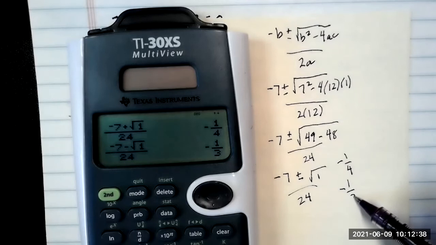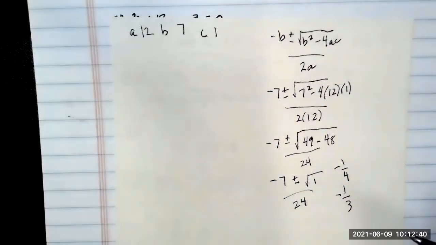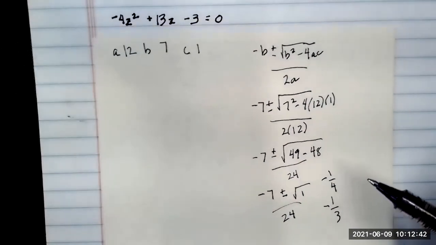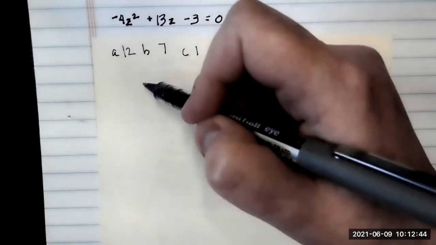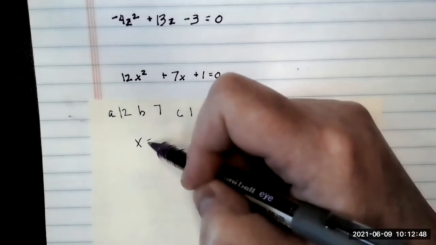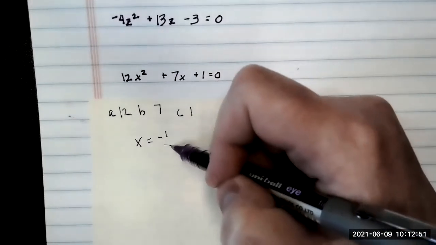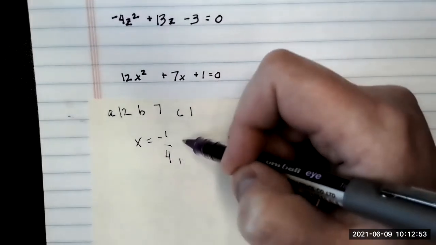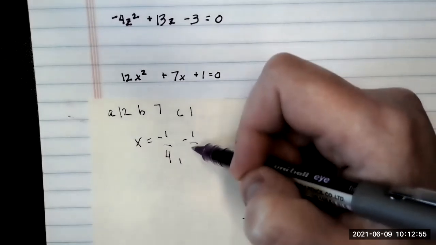Those are your two answers for this quadratic equation. So it is x equals negative 1/4 and negative 1/3.